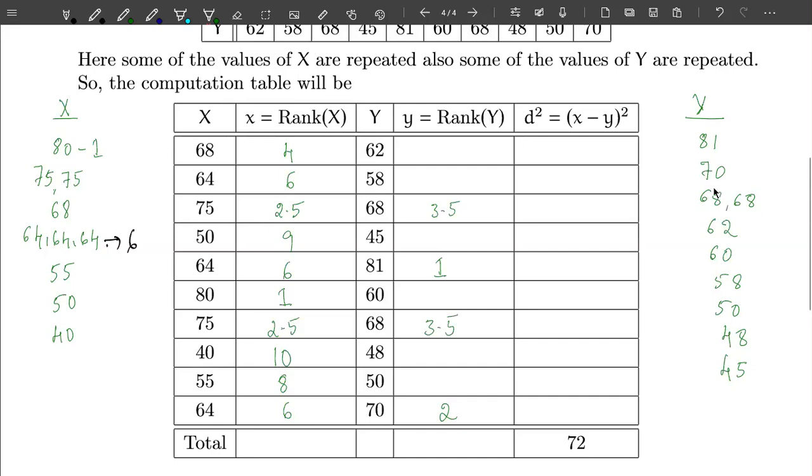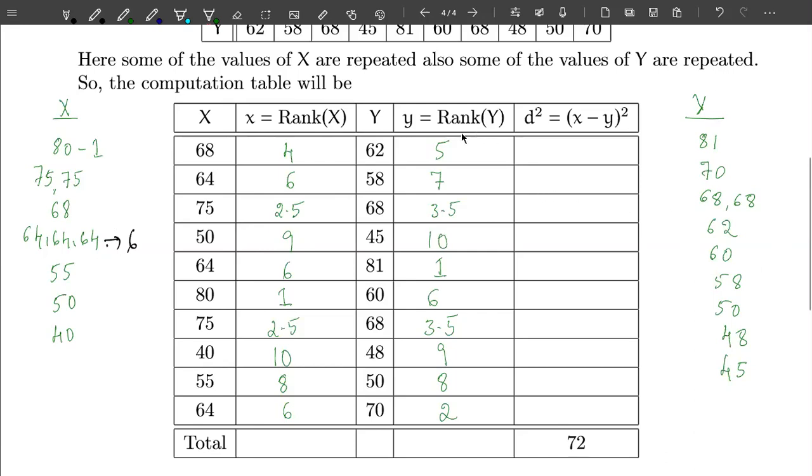Since you had taken positions 3 and 4, the rank for the next number, that is 62, will be 5. After that, you can just go on ranking. 60 will be of rank 6, 58 will be of rank 7, then 50 will be of rank 8, then 48 will be of rank 9, and 45 will be of rank 10.